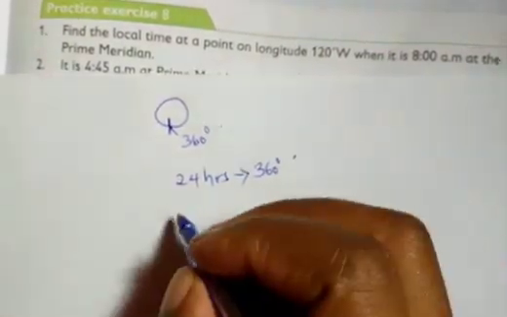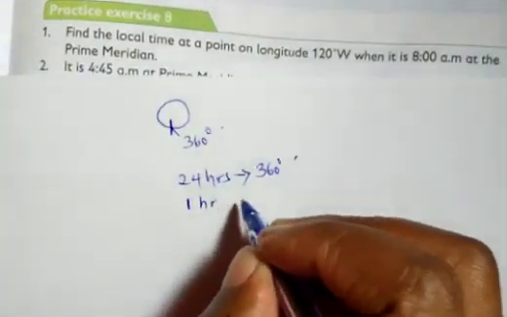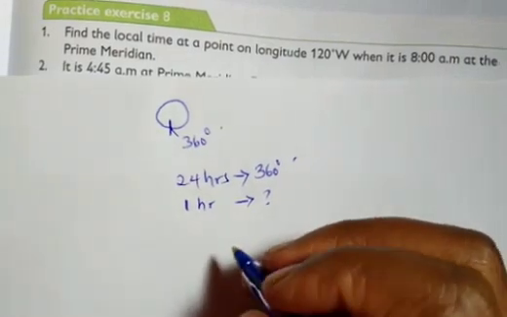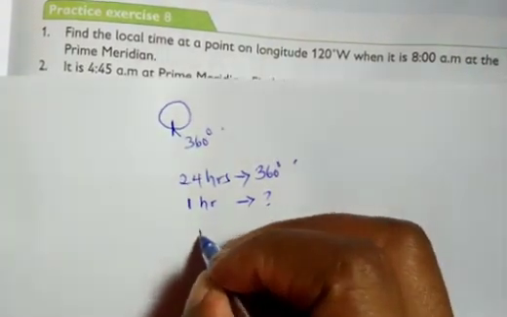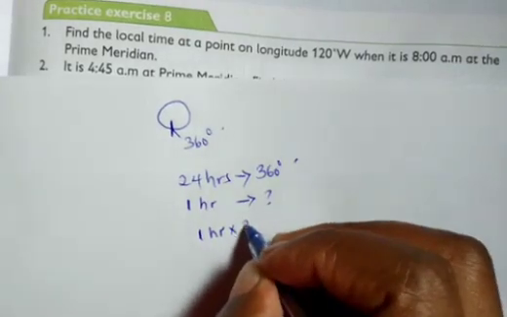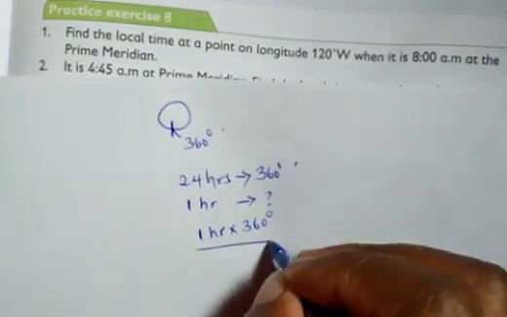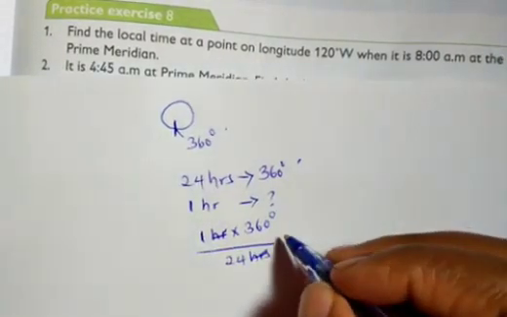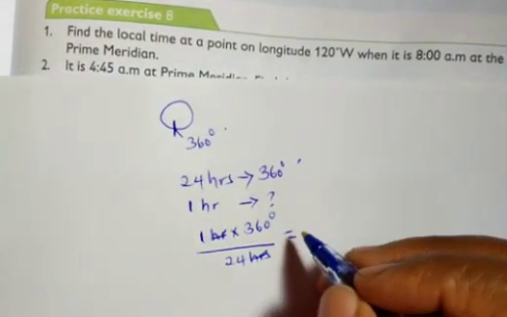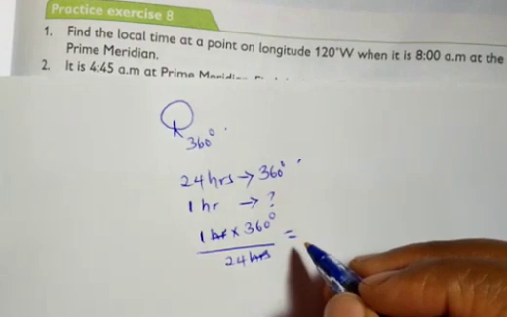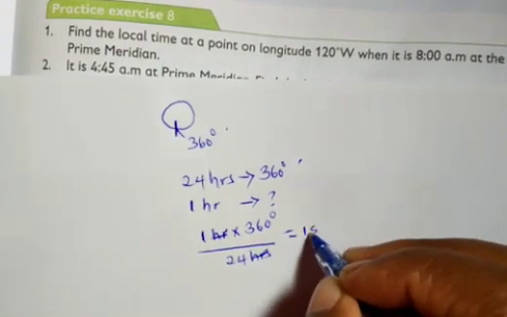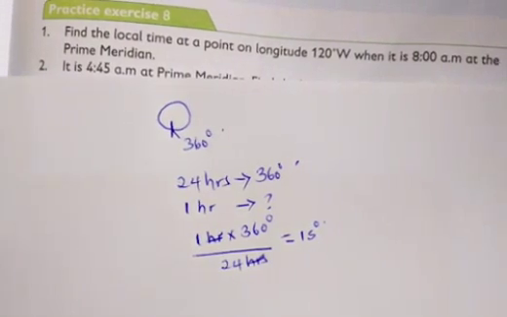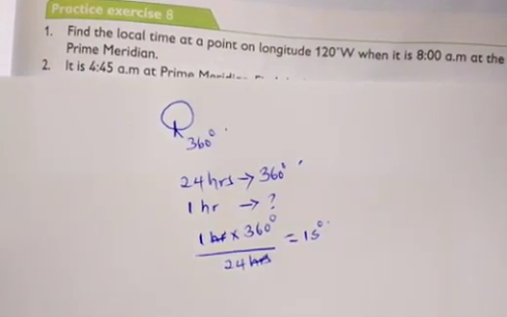In 1 hour, how many degrees will it have covered? We multiply by 360 degrees and divide by 24 hours, which gives us 360 divided by 24, which is 15 degrees. So in 1 hour, the Earth's rotation covers 15 degrees.